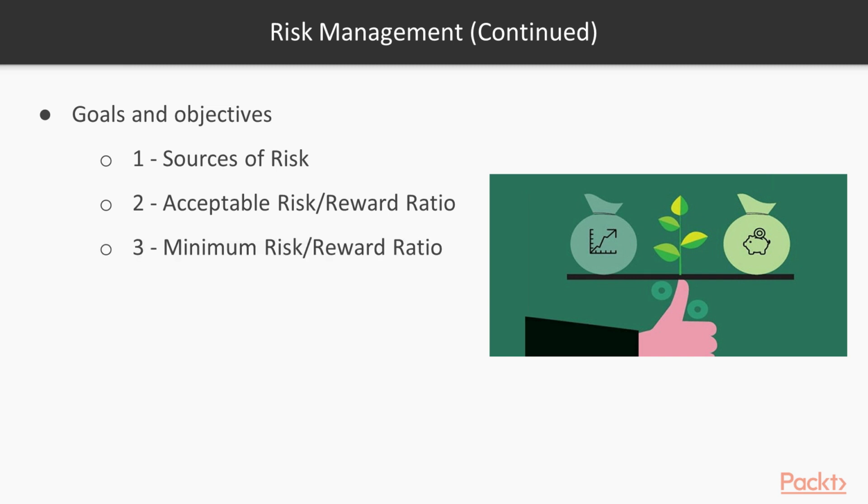Having done that, we ask what is the minimum risk-reward ratio we are willing to take. Finally, he should answer the question of what actions should be taken in case of breaches of such ratios that were set as minimum and acceptable. So, if the price or the loss goes below the minimum risk-reward ratio allowed, what should be done?